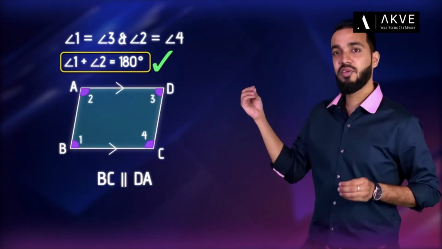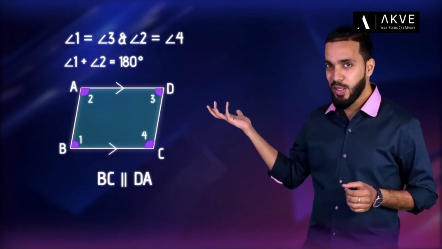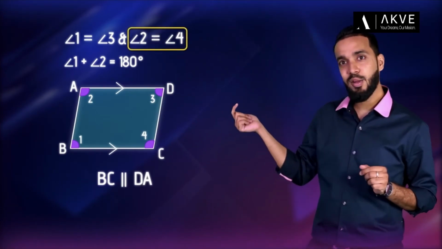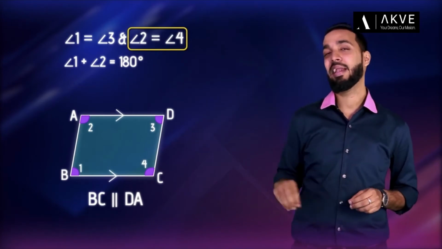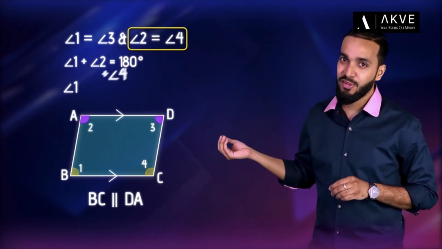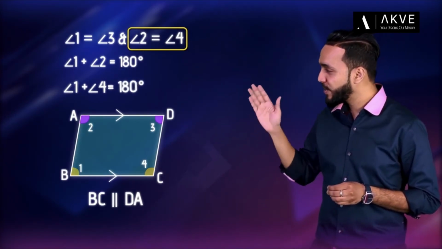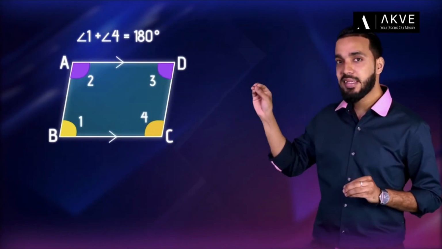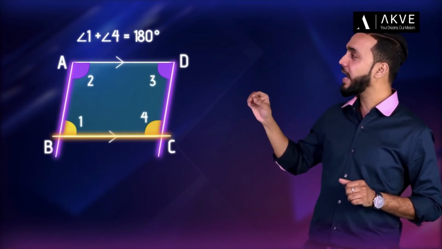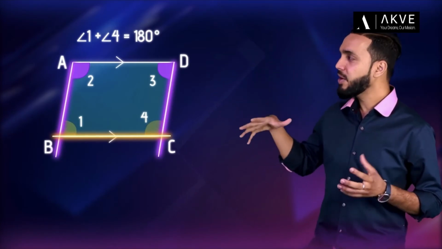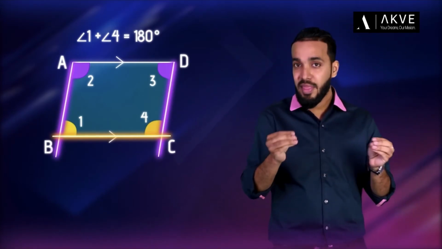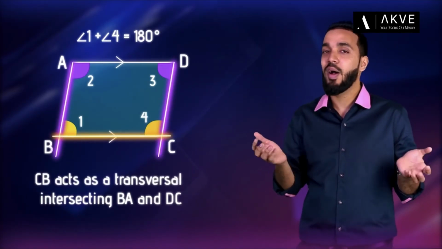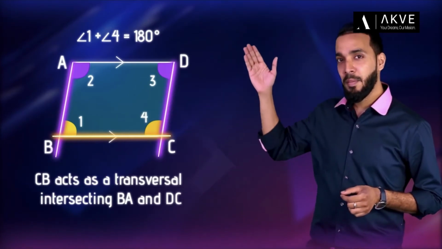Now, here we have angle 1 plus angle 2 is equal to 180 degrees. But we know that angle 2 is equal to angle 4. Then angle 1 plus angle 4 is also equal to 180 degrees. Here again, if we just extend the sides containing the angles 1 and 4, we can very easily visualize that CB acts as a transversal intersecting or meeting the lines BA and DC.